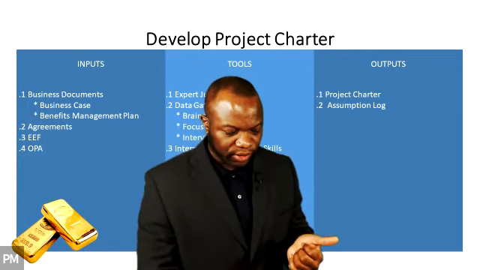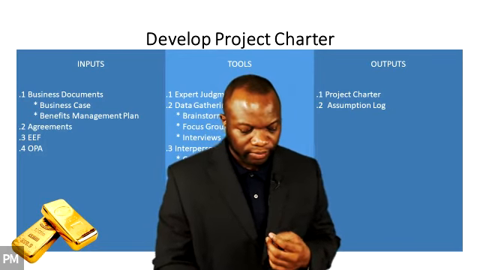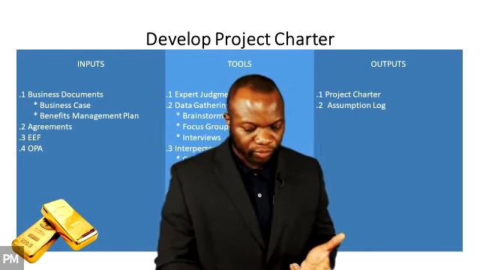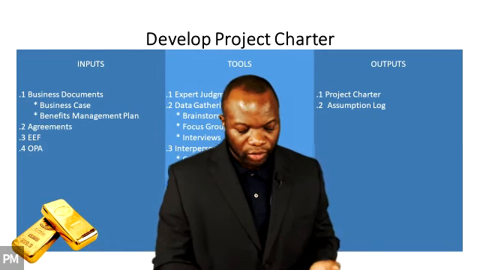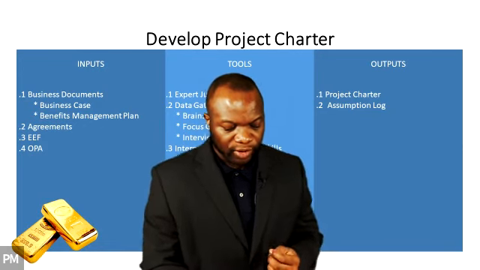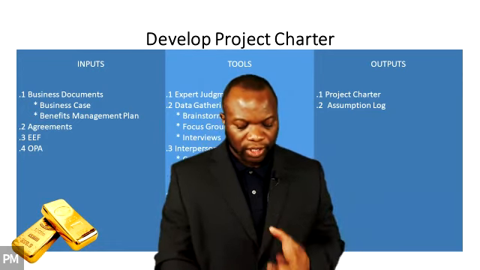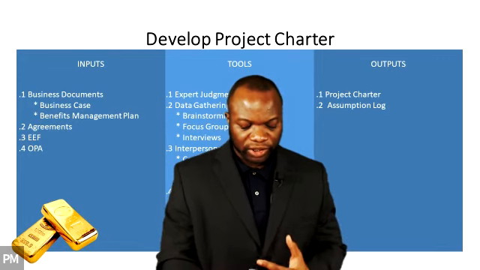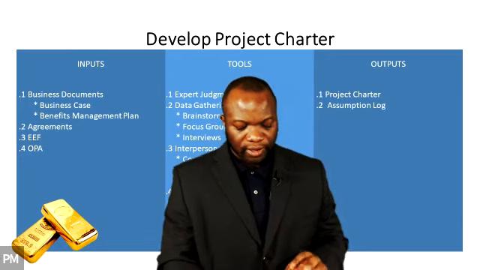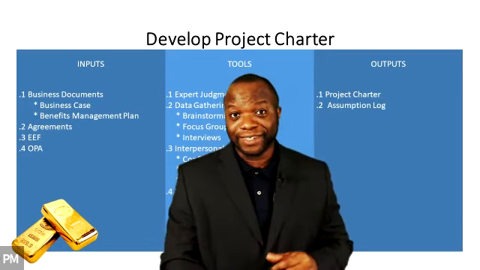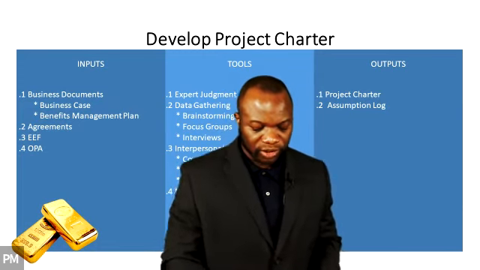The project purpose, measurable project objectives, and related success criteria, high-level requirements, high-level project description, boundaries, key goals, overall project risk, summary milestone schedule, pre-approved financial resources, key stakeholder list, project approval requirements, project exit criteria, the assigned project manager, name and authority of the sponsor or the persons authorizing the project charter.